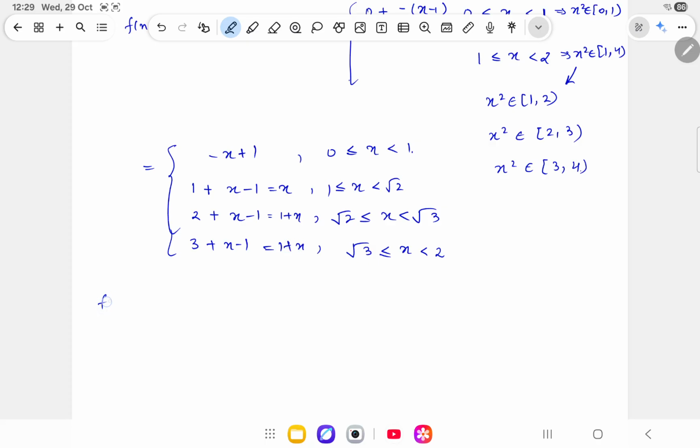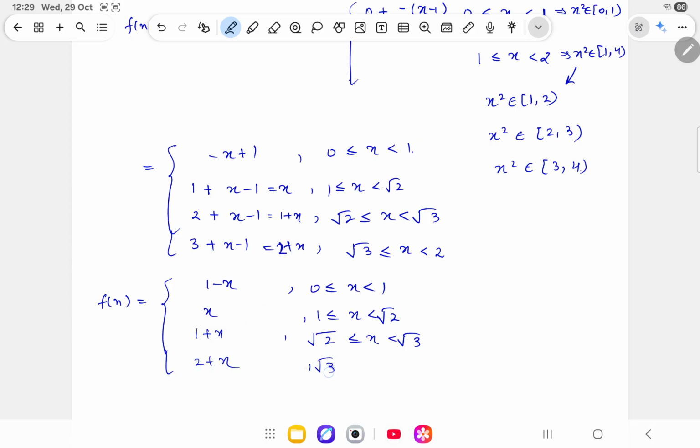So our function f(x) is broken into these parts: 1 minus x when 0 ≤ x < 1, x when 1 ≤ x < √2, 1 plus x when √2 ≤ x < √3, and 2 plus x when √3 ≤ x < 2.